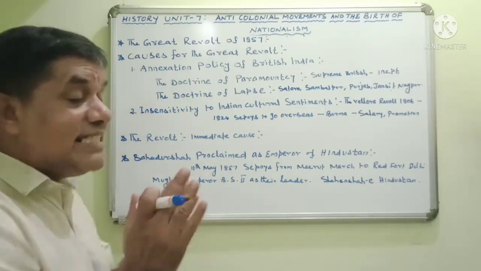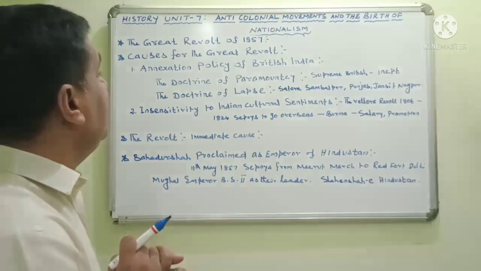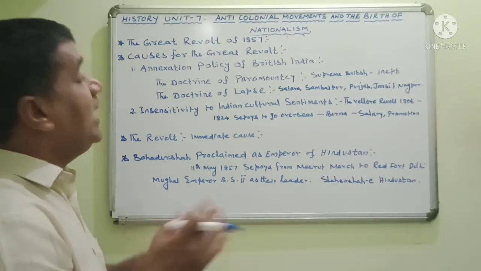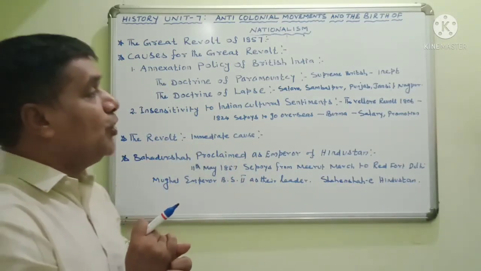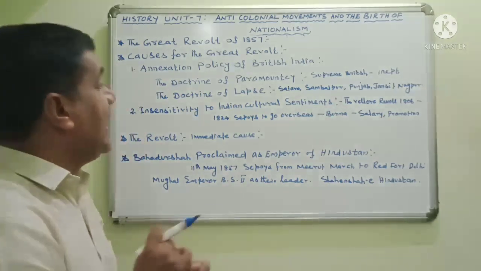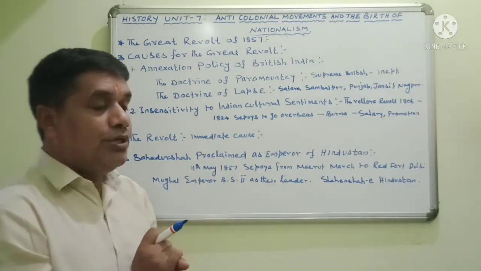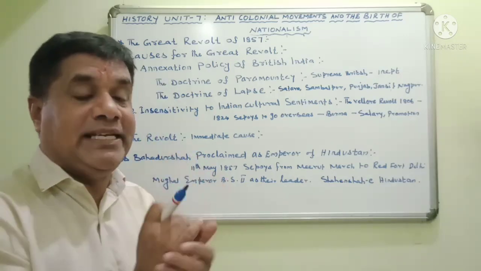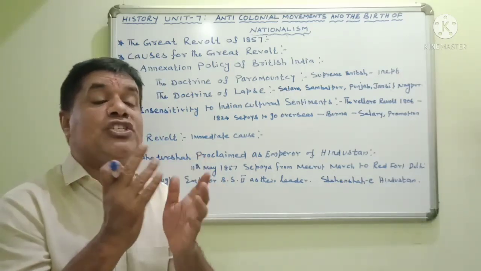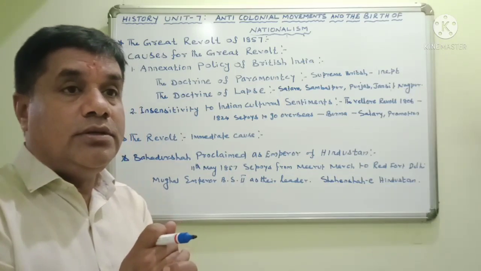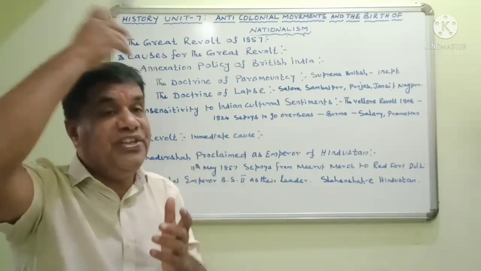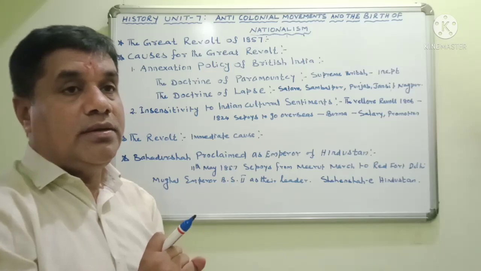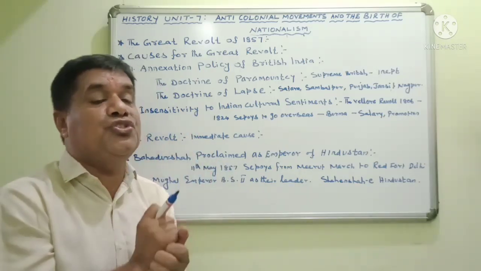Noted, resented means angry against the British. And finally, in the Vellore revolt of 1806, they introduced the Agnew turban. The Agnew turban was introduced by the British. All the sepoys had to wear that turban, but many sepoys avoided using it.